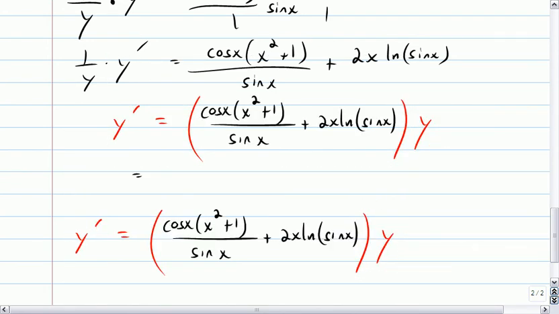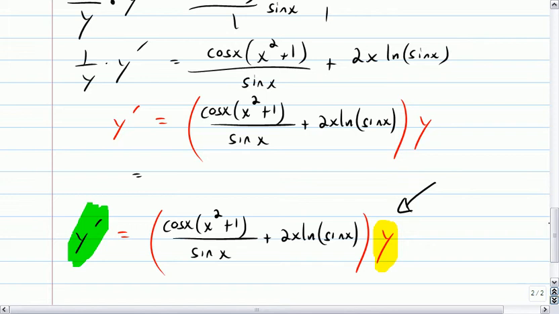But you still have y sitting over here. So right now your derivative, y prime, is a function of both x and y. If you look at the right-hand side, calculating y prime takes knowing x and y. One convenient thing is substituting in for y.